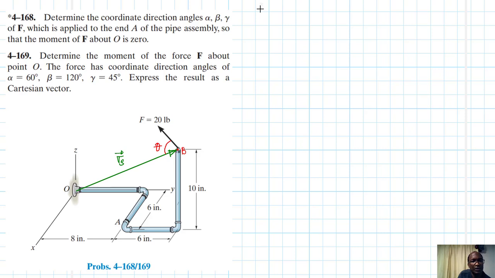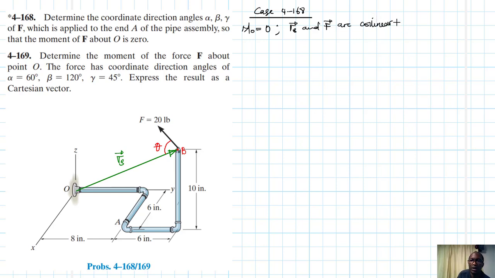So let's start. Case 4-18, like so. We are saying the moment about point O is going to be equal to 0 when RB and the force vector are collinear.